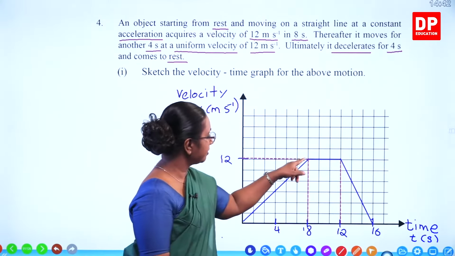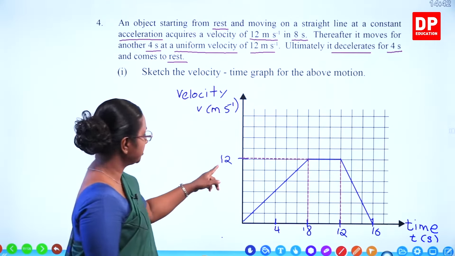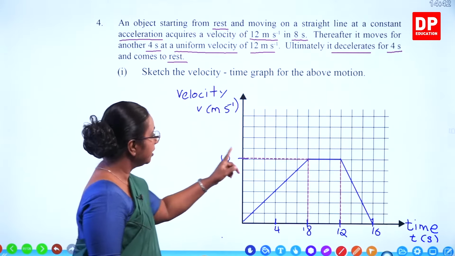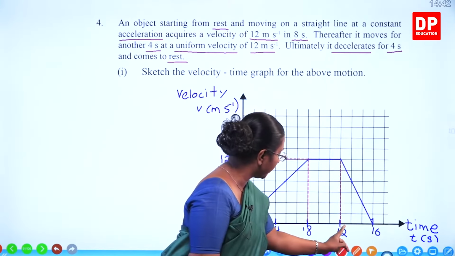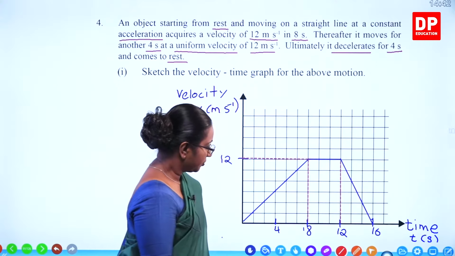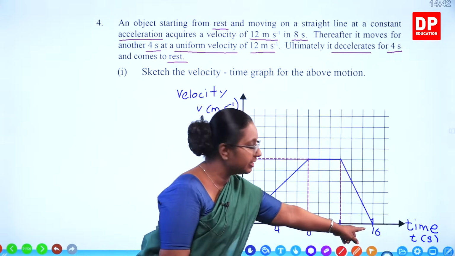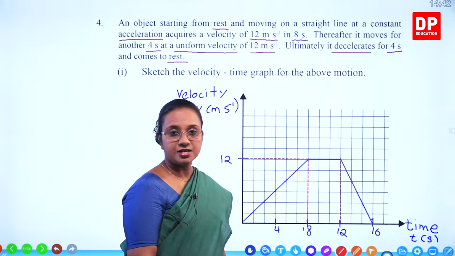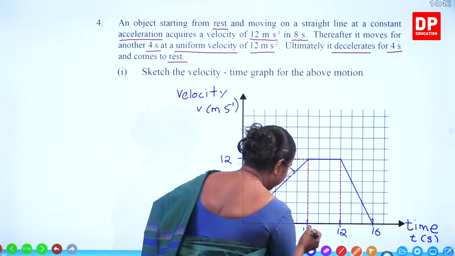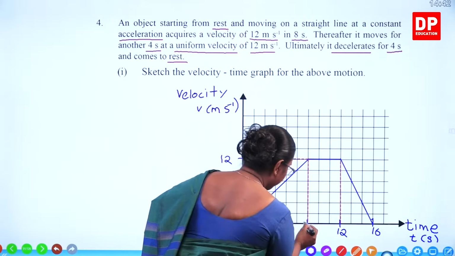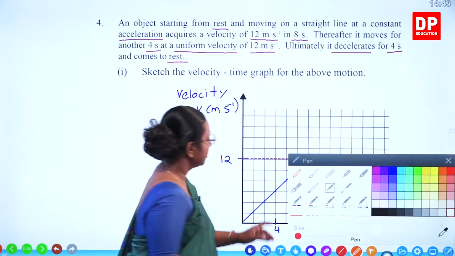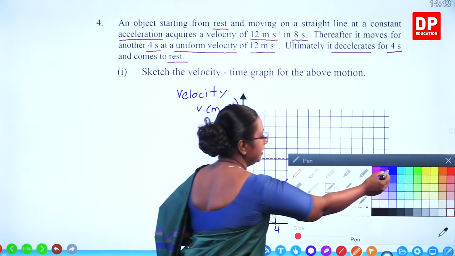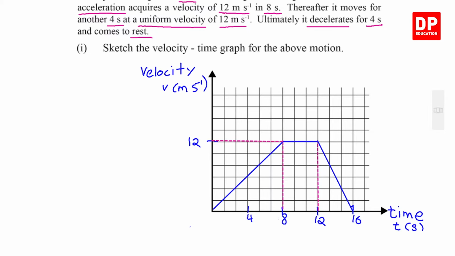Initially accelerates and reaches a velocity of 12 meters per second, uniform velocity for another 4 seconds, and finally decelerates for the last 4 seconds. Okay, right. So as you can see, this is the graph.